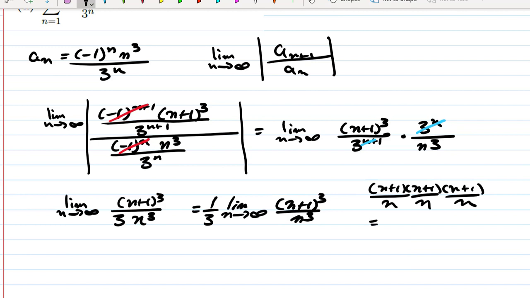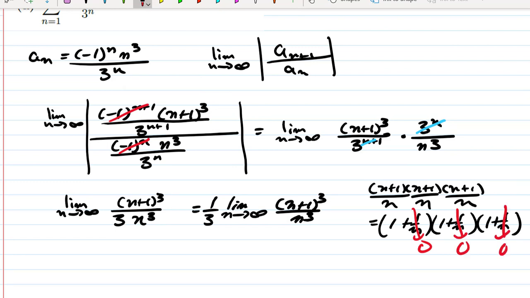And then that would reduce to (1 + 1/n) times (1 + 1/n) times (1 + 1/n). And as n goes to infinity, each of these 1/n terms will go to 0, so 1 times 1 times 1 is 1. So we get our limit is 1/3 times 1, which is 1/3.